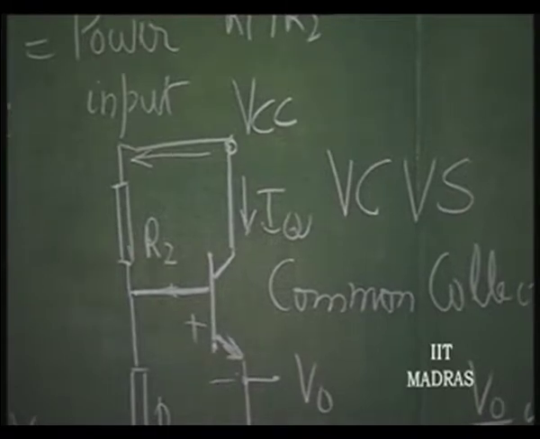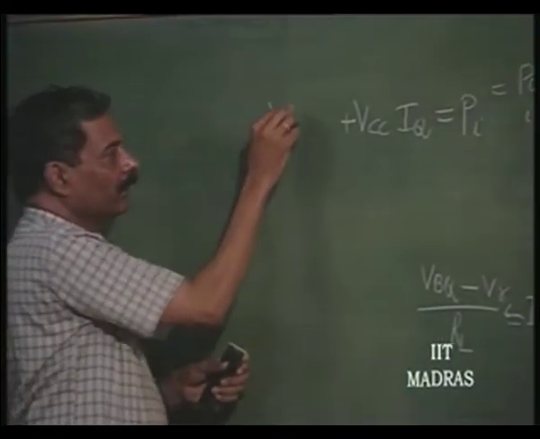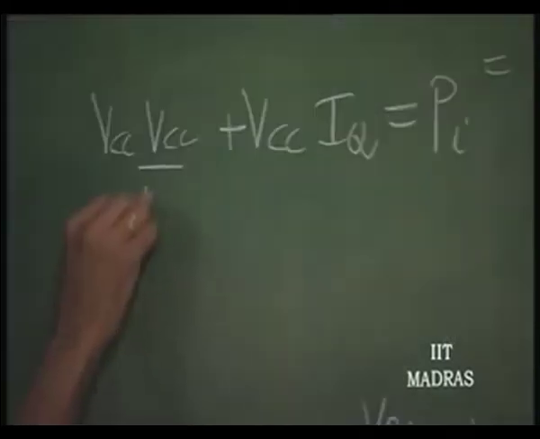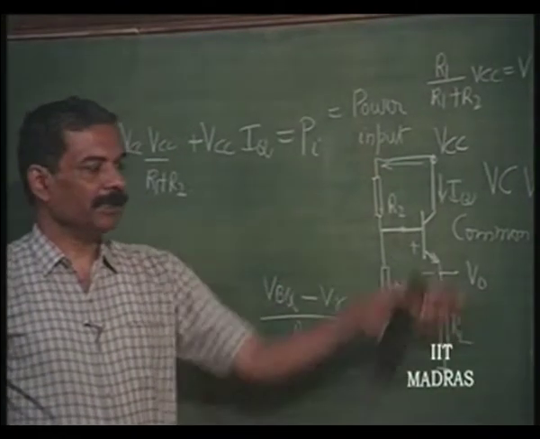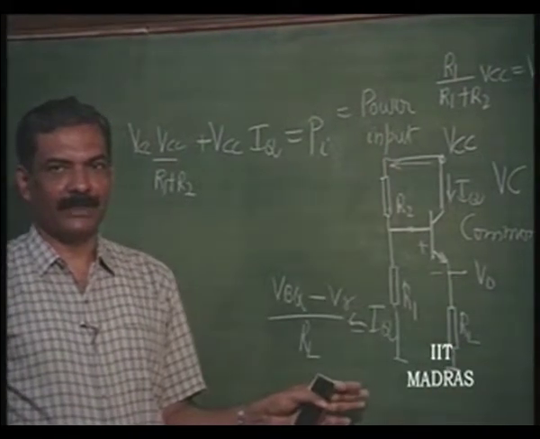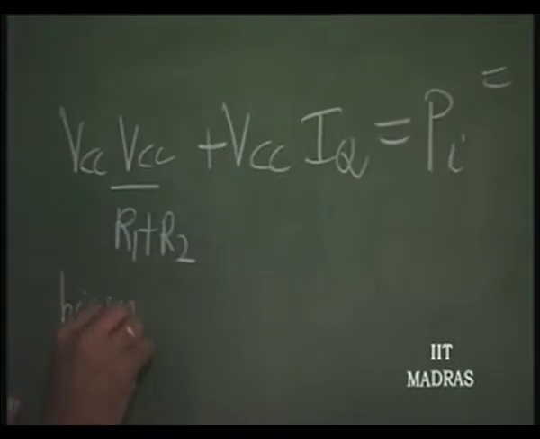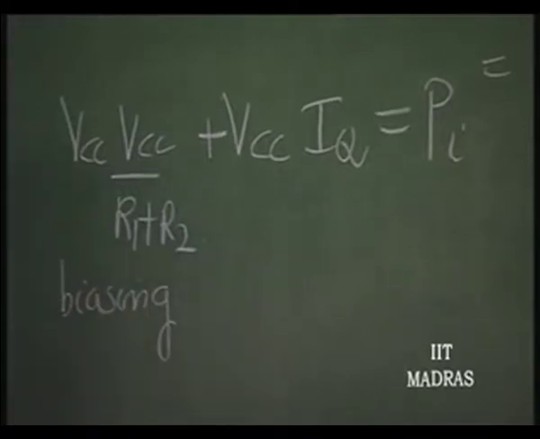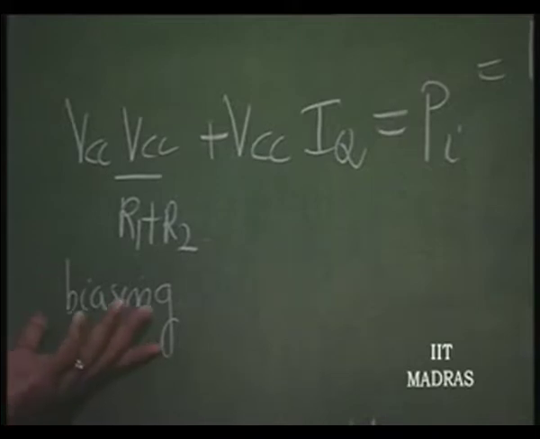So, actual power input is not only this, plus VCC into VCC by R1 plus R2. This is in fact the total power dissipated in this whole so called power amplifier stage. This is required for biasing the transistor. This is going to be pretty low.